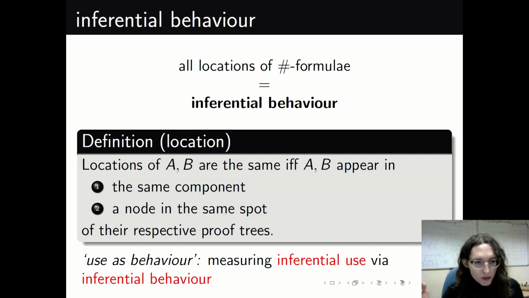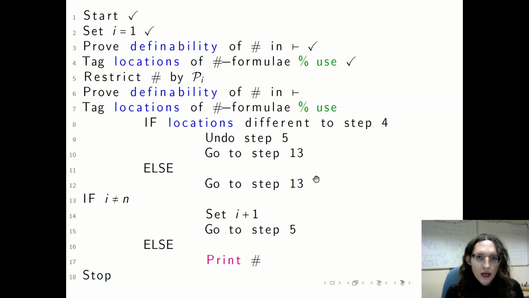So now we go back to our proofs and we tag all of the inferential behavior of the connective we've done the proof for. And then we rinse and repeat and go through the remainder of the algorithm. So we restrict one component of the proof rule. We then prove definability, and in this proof we observe inferential behavior by tagging the inferential locations, and we then compare and go through the algorithm as we said.